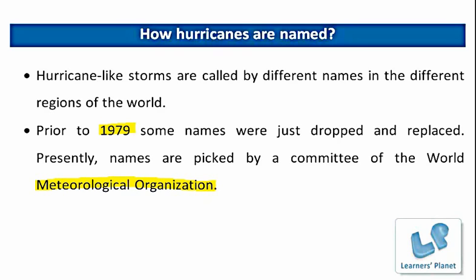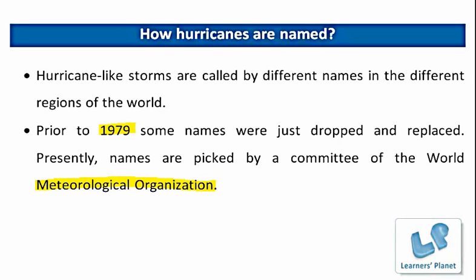So my dear friends, since 1953, the Tropical Prediction Center has produced lists of names for hurricanes. As a tropical depression develops into a tropical storm, it is given the next available name on the list, which is prepared in alphabetical order and alternates between male and female names.